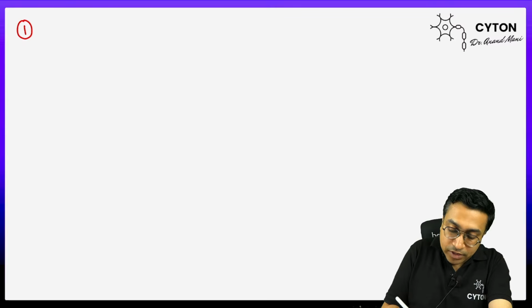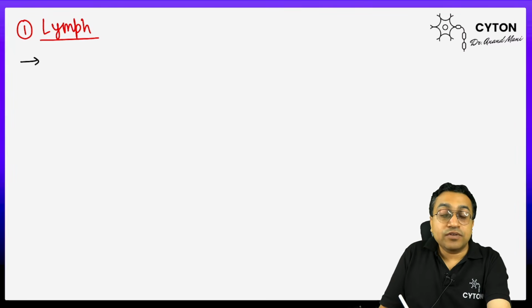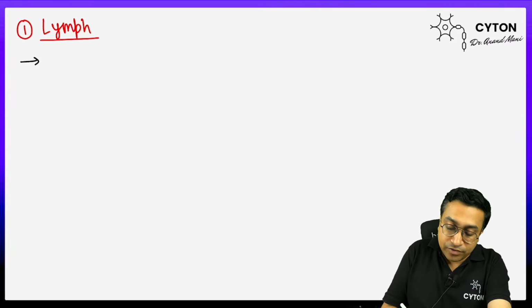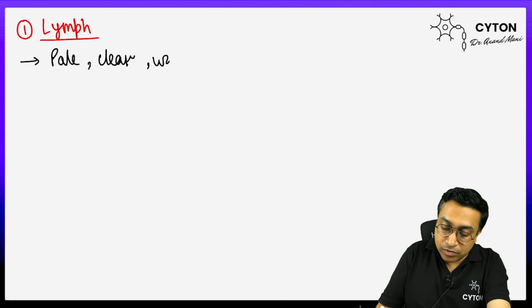Number one, that is the lymph. So lymph is a fluid that flows through the lymphatic vessels and the lymph nodes. It is a pale, clear, watery fluid.